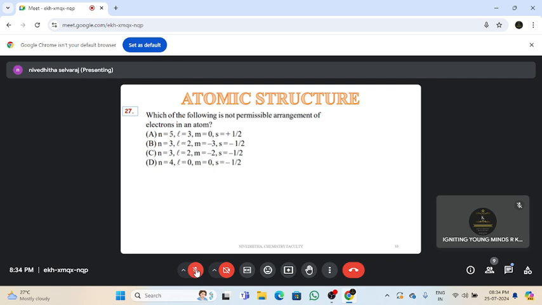Very easy. Which is not a permissible one.